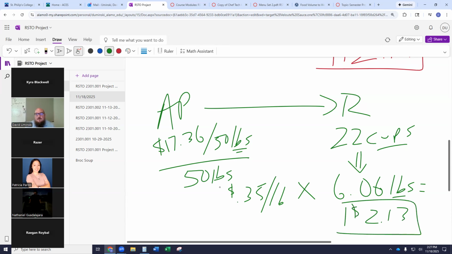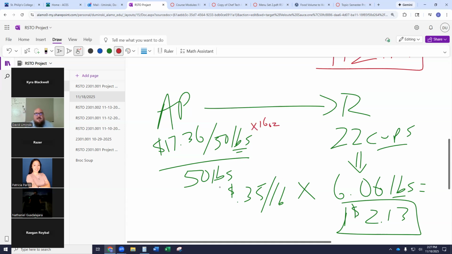The reason I recommend doing it that way is because what if the AquaCalc says that ounces would be the better one? Well, then you can multiply 50 pounds by 16 ounces, and if you divide by that answer, you automatically get your cost per ounce.